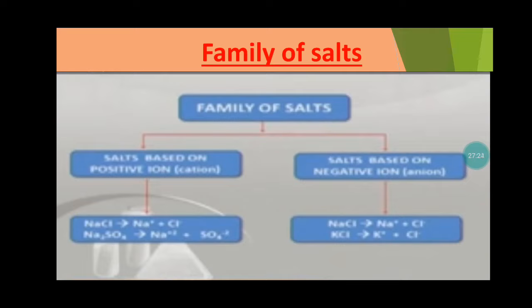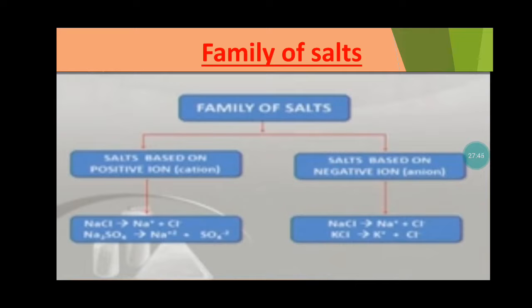Next category, salts based on the negative ion, that is, the anion. Here we learn NaCl dissociates in water. It forms Na+ ion and Cl- ion. What is the cation here? It is the sodium ion. What is the anion here? It is the chloride ion.